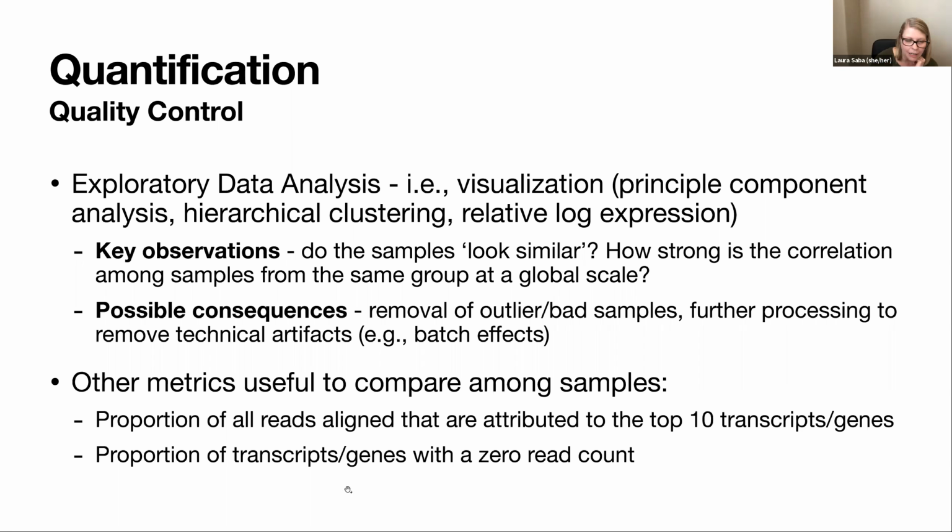And one of the things that no one pointed out to us on the first process, but we've found extremely useful in some of our data sets, another metric beyond these simple exploratory data analysis and visualizations, is looking at the proportion of reads that align that are attributed to the top 10 transcripts, and the proportion of transcripts or genes within a sample that have a 0 read count.